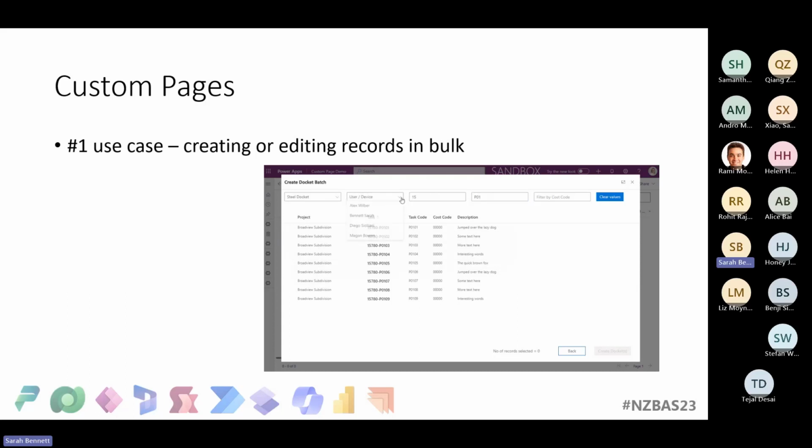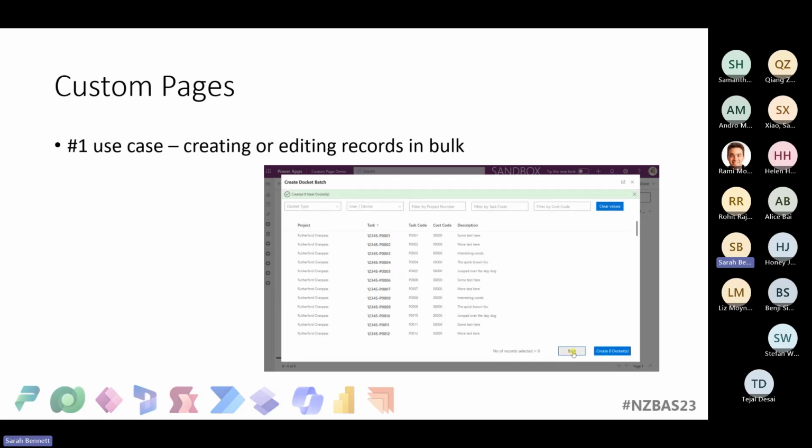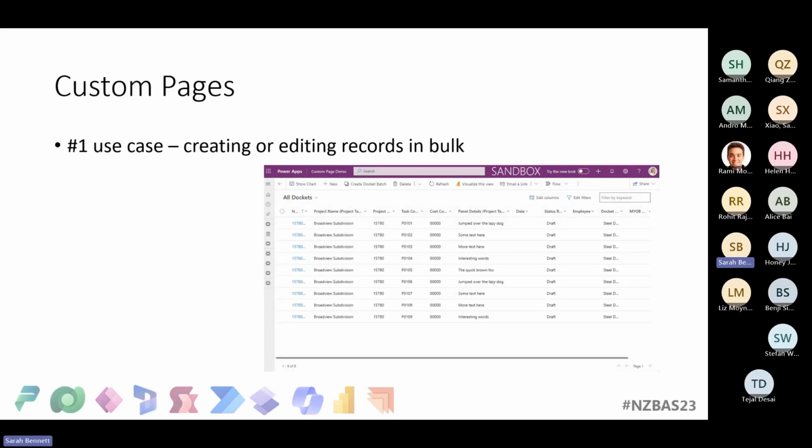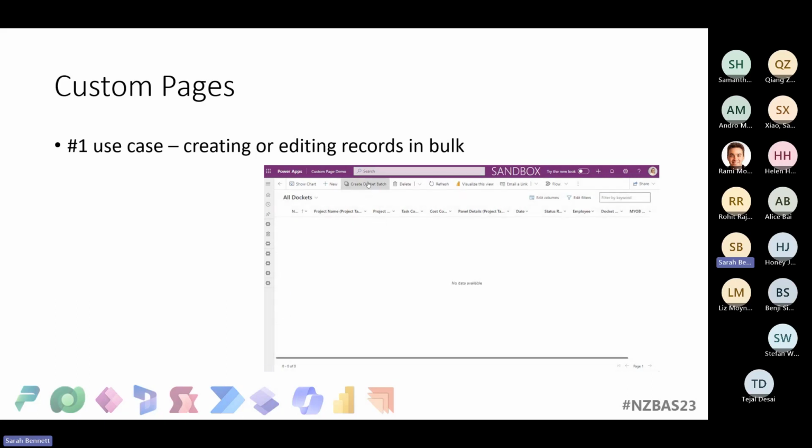But custom pages allow us to do much nicer Canvas apps, and the Canvas app actually has access to the model-driven app runtime, and so it understands the context of the model-driven app. You can tell it the entity that you're passing to it, and it has access to it. Not very eloquently said, but so.